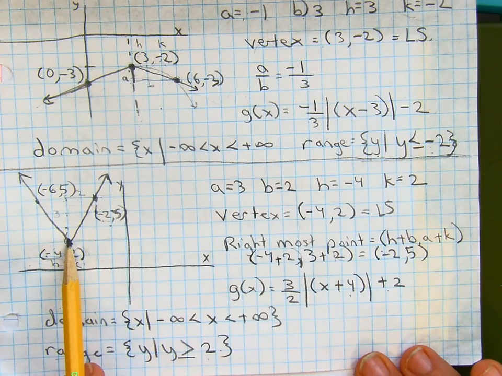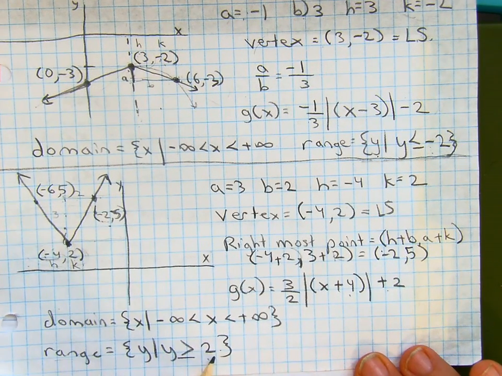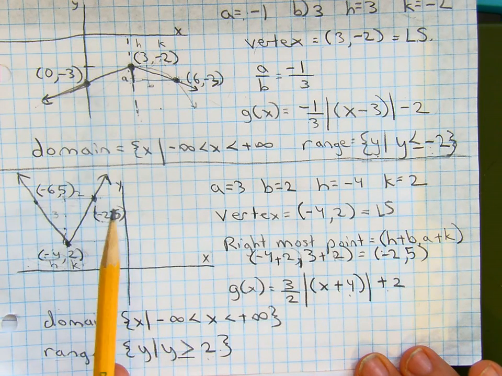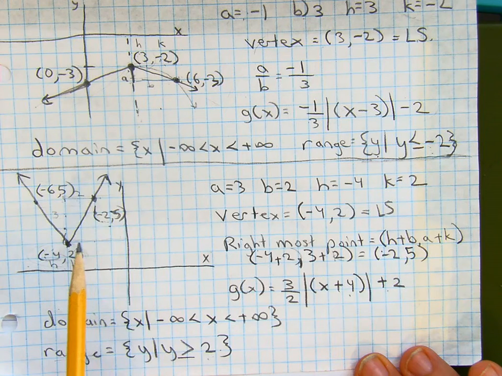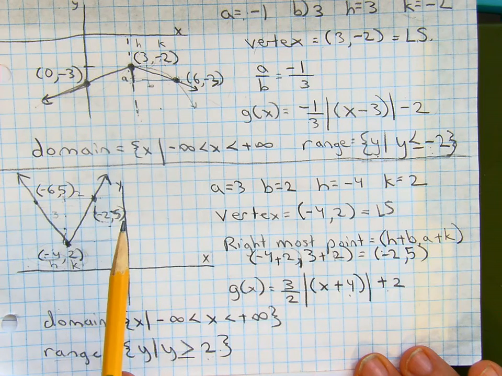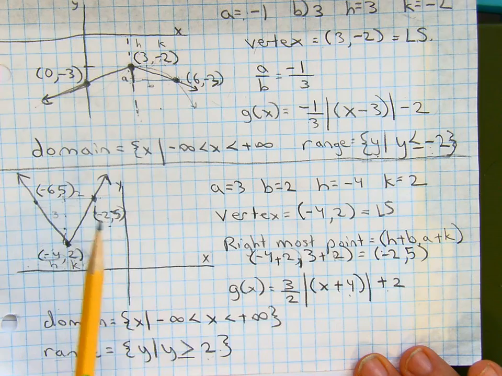My range is set by my k, which is 2. The graph is positive, so it's going up. So all quantities greater than or equal to 2, you'll find any value of y on the graph.